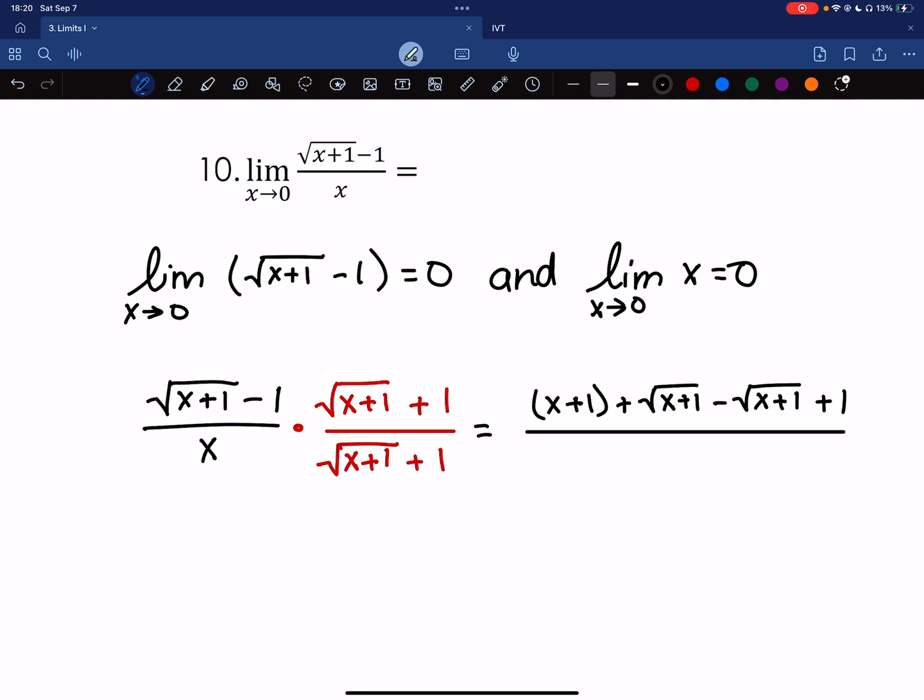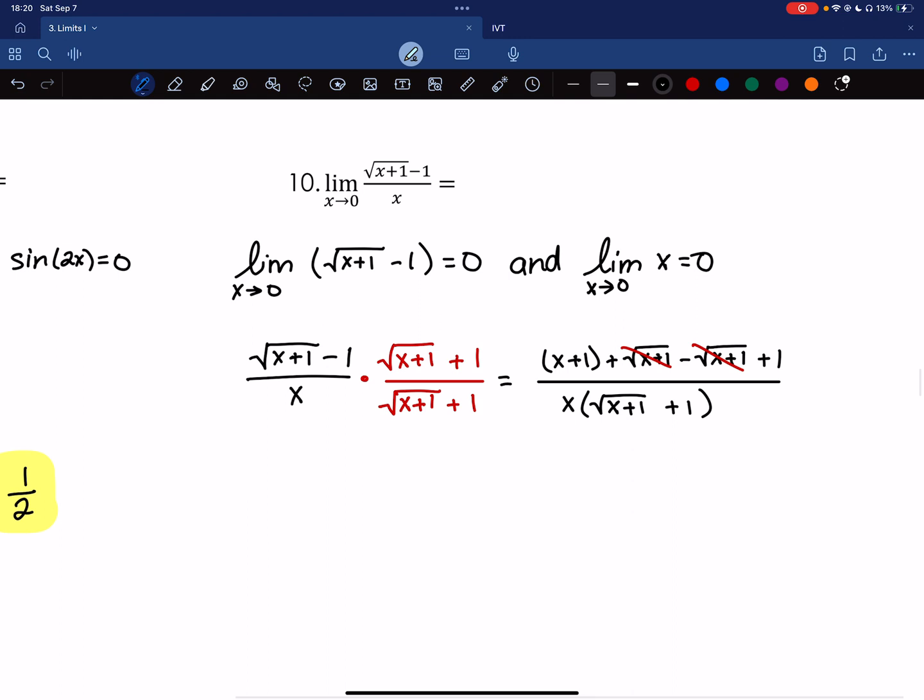On bottom, you never have to multiply out the bottom. Eventually you'll see the pattern, but every time we do this, these middle two terms are going to cancel out because we're multiplying by the conjugate. So you don't have to worry about doing all of that.